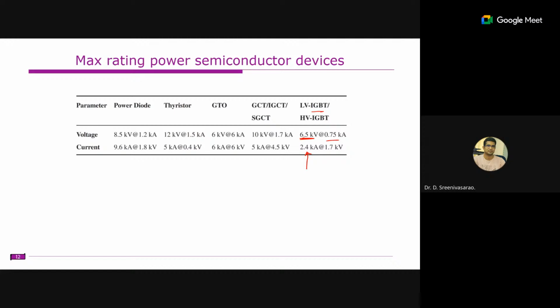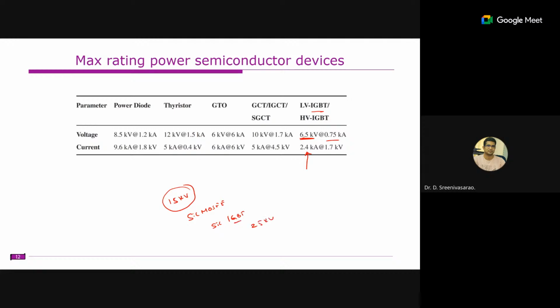This is based on silicon based devices. If you go for silicon carbide devices, those are the wide band gap devices. In that case, 15 kV silicon carbide based MOSFETs are available. If we are using silicon carbide based IGBTs, it is still in research.